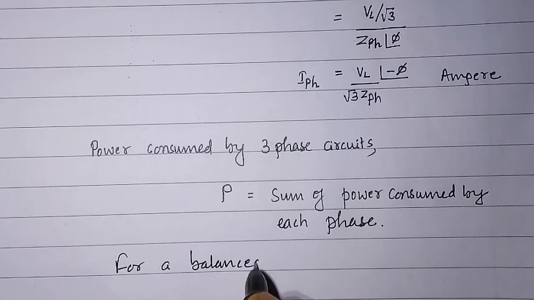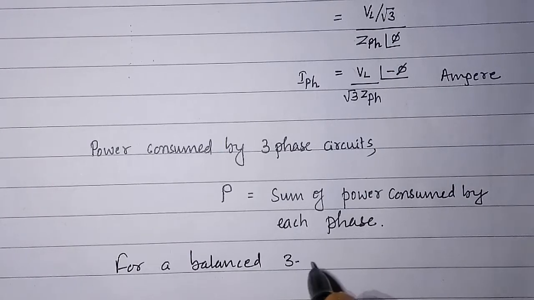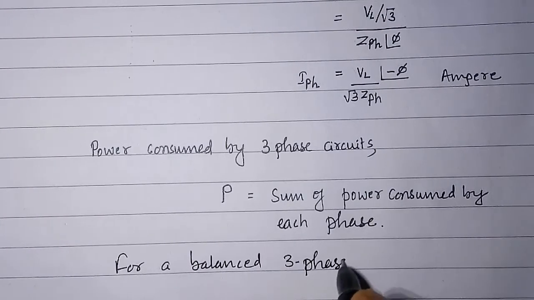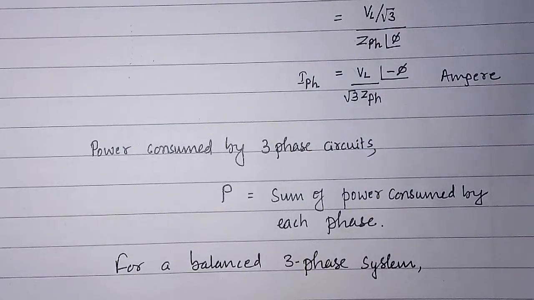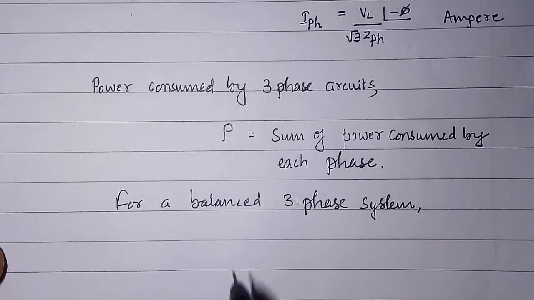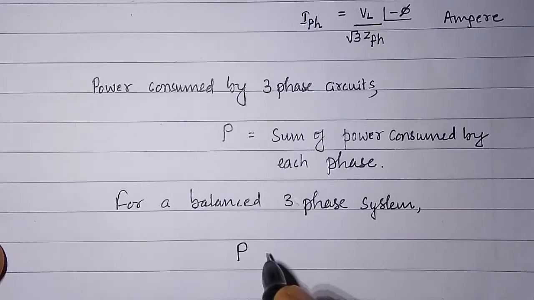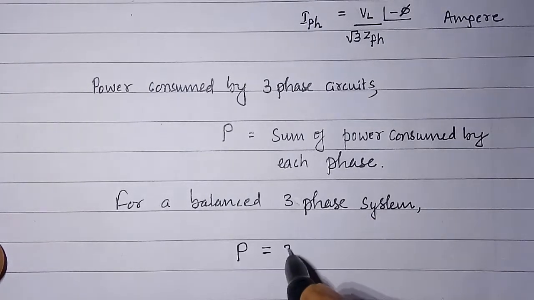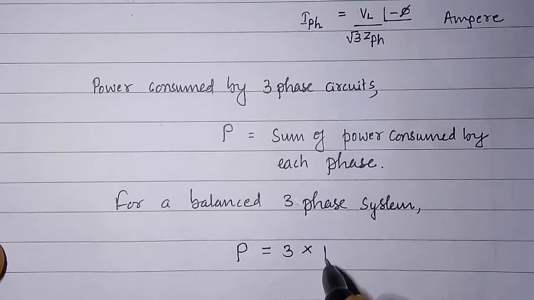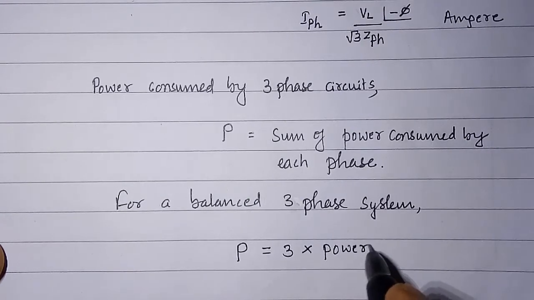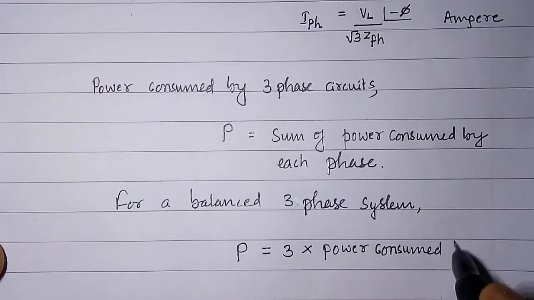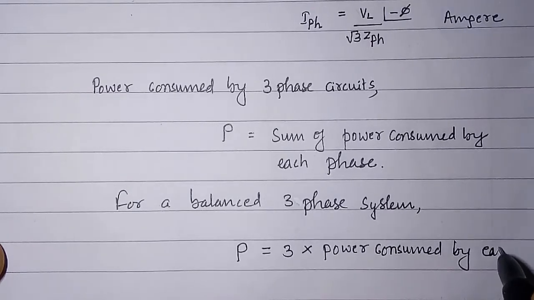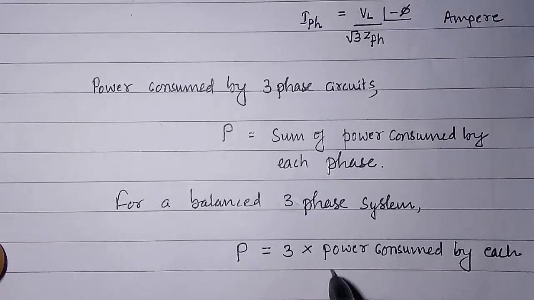For a balanced three-phase system, power consumed is equal to 3 times power consumed by each phase.